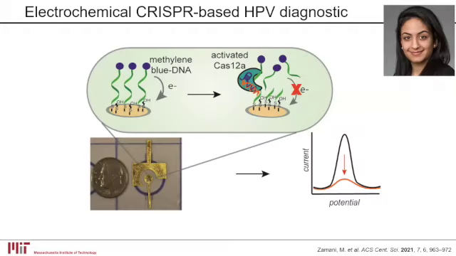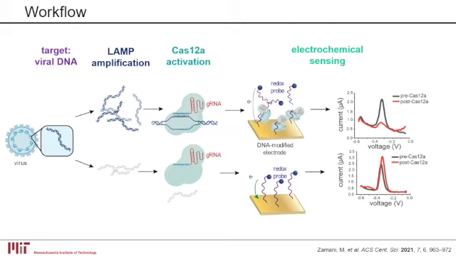And so what she was able to do is to develop a workflow that had inherent signal amplification and selectivity by combining amplification methods for nucleic acids with CRISPR-Cas12 activation and endonuclease activity. So this is the overall workflow. It's very complicated, but we'll break it down and talk through it. Fundamentally, you have a virus that has genetic material. The first step is to do amplification.